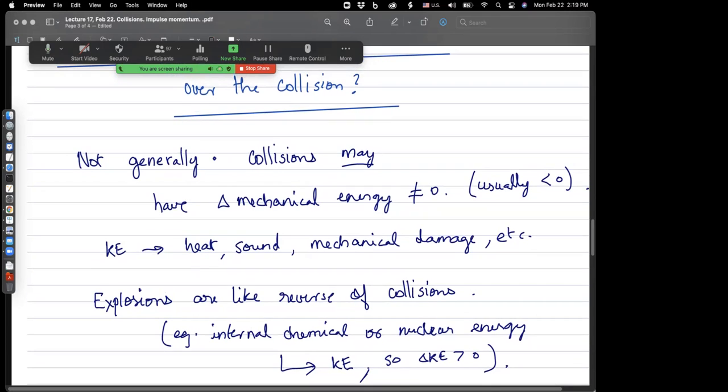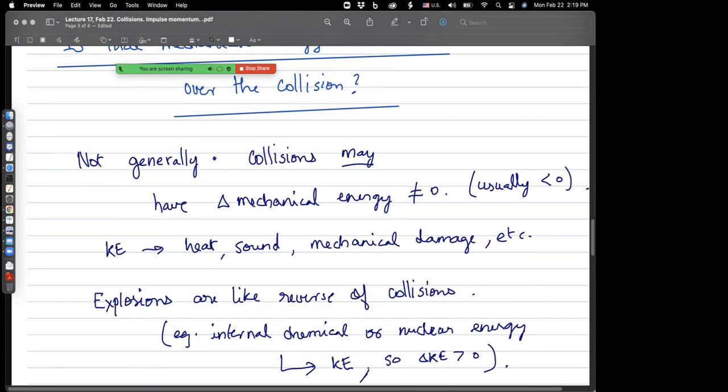Okay, that's about collisions. And then explosions are kind of like reverse collisions, where internal chemical energy or nuclear energy, as the case may be, gets converted to macroscopic kinetic energy. So it could be that initially the object is just sitting still, has no kinetic energy, and then someone lights a fuse or something, and the thing explodes.